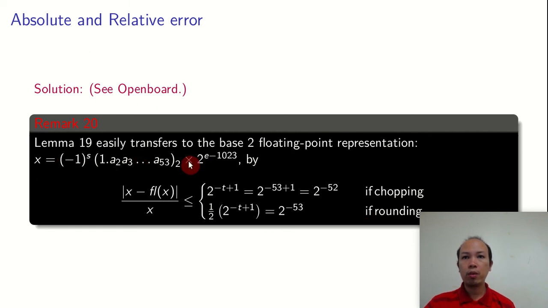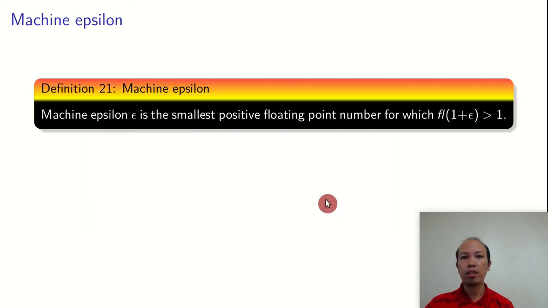So if we are using base 2, for chopping the bound for the relative error is 2 to the negative 52, and for rounding it is 2 to the negative 53. I will give this as a problem set.